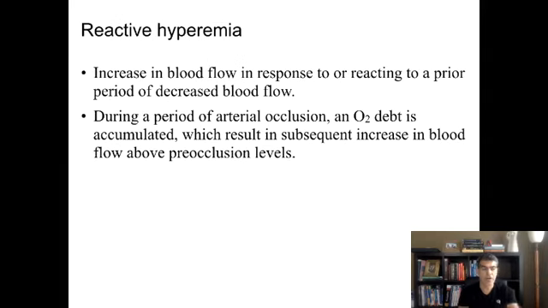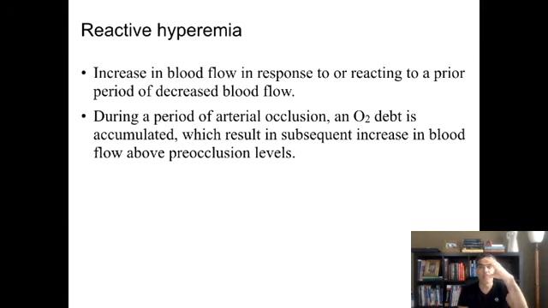And finally, regarding reactive hyperemia, let's say you are running and blood is going to get shifted toward your muscle. As a result, other organs are receiving less blood. After you stop running and everything goes back to normal, those organs that received less blood go through reactive hyperemia.